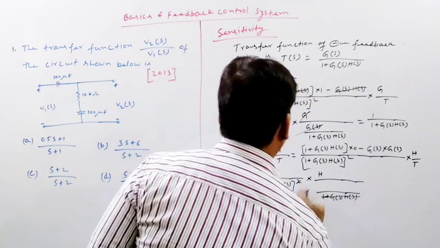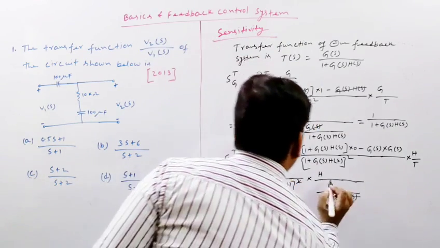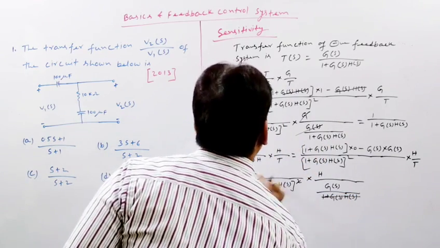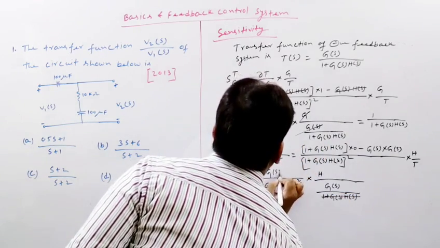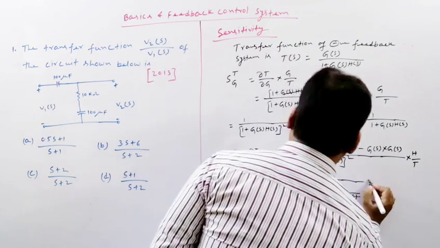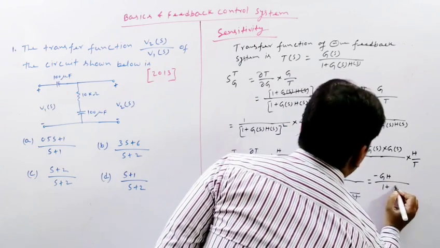One power will cancel out here. So finally we will get minus GH divided by 1 + GH.